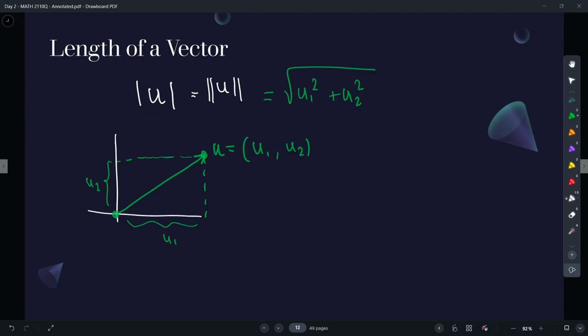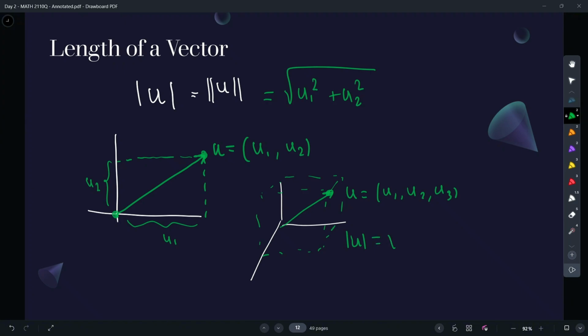And if I'm doing this in 3 dimensions, if I have a vector somewhere in here, there's some box, and it's going from the origin to the corner of the box, and this vector is (u1, u2, u3), then the length of u will be the distance from the endpoint to the origin, which we know how to compute.